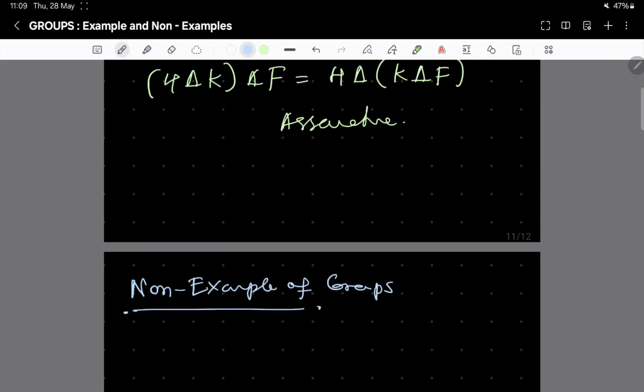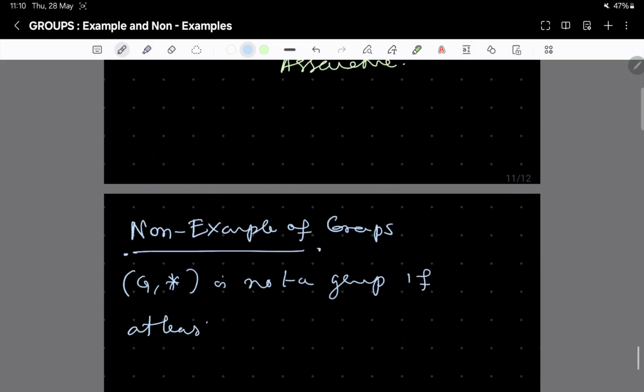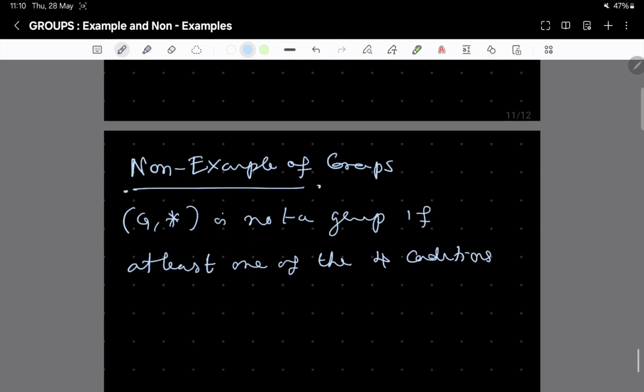You need 4 conditions, right. So G with the operation is not a group if at least one of the 4 conditions fails.